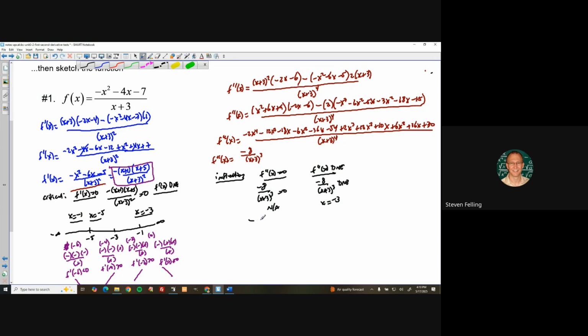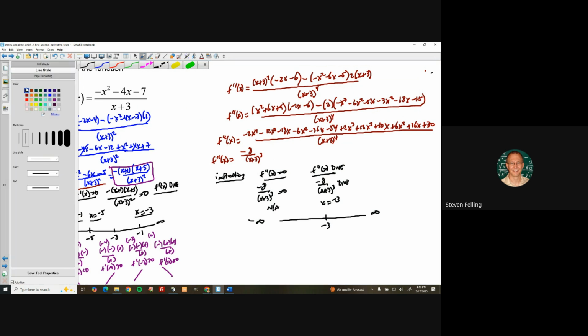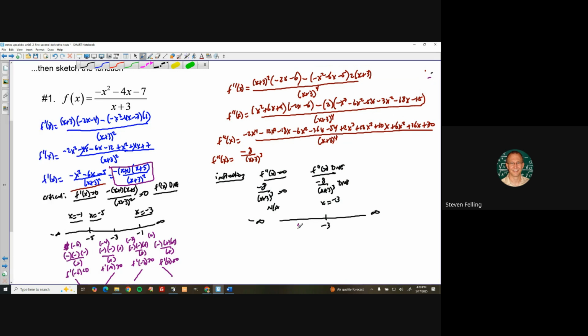So that means I have to take my number line from negative infinity to positive infinity and divide it at negative 3. And then we're going to take test values inside each of the regions. So maybe we could take like negative 4 and 0 as test values. And then let's plug it into this to evaluate the second derivative. So we have a negative on the top. And if I plug a negative 4 in here, that's going to be a negative cubed, which is negative on the bottom.